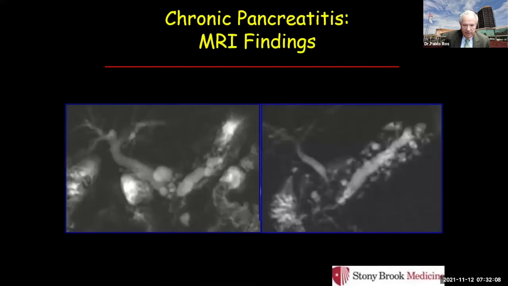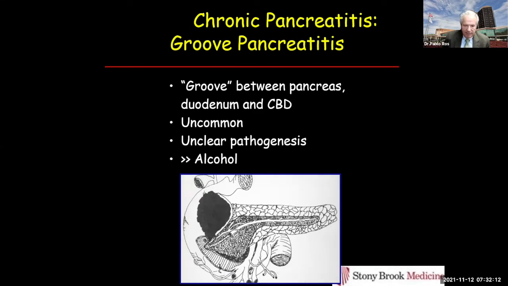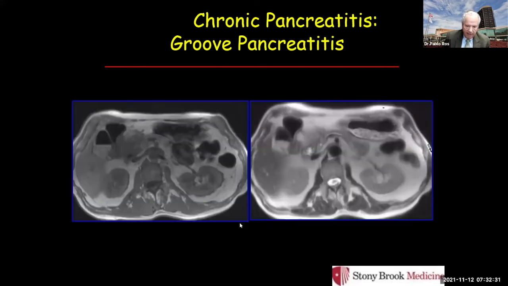And obviously this is the normal groove. And here a nice example of what happens when there is chronic inflammation of the groove of the pancreas that pushes the duodenum a little bit laterally, the common bile duct medially, and you see the location of groove pancreatitis.